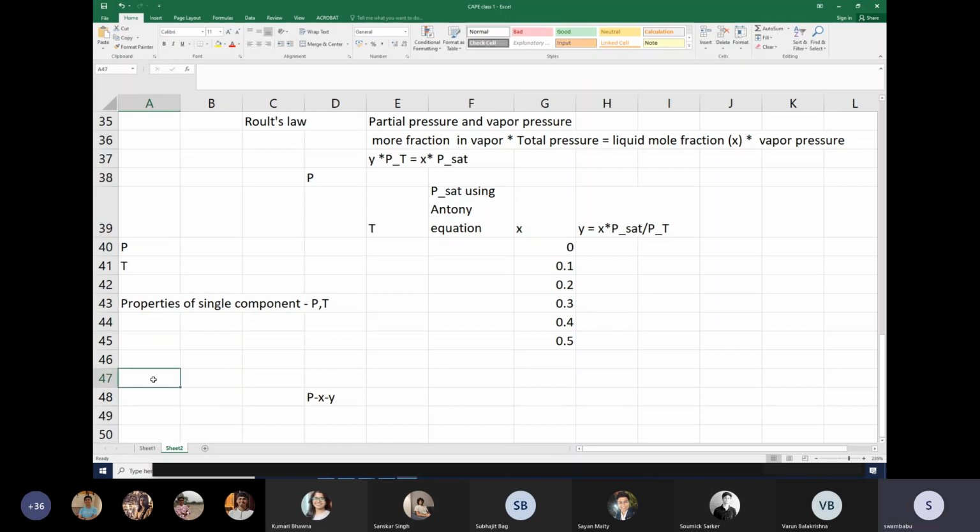So how do you find out the number of dependent variables? Which equation gives us, for a given system, the number of dependent variables or number of independent variables?